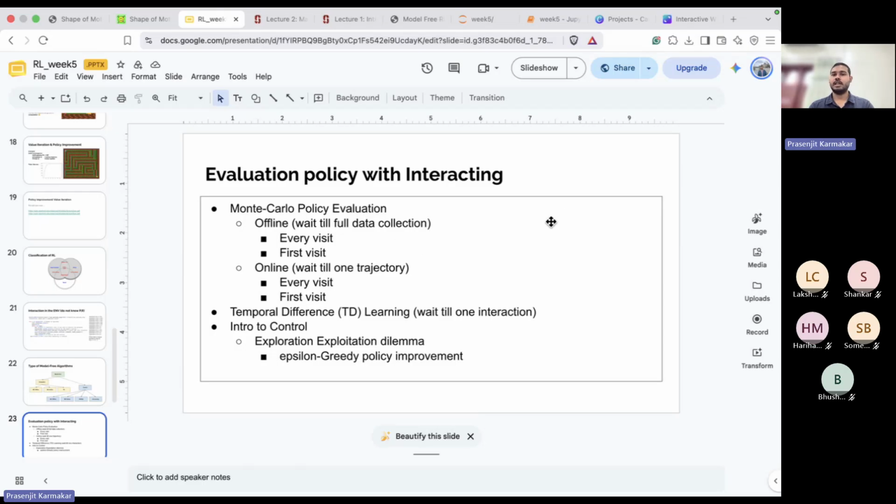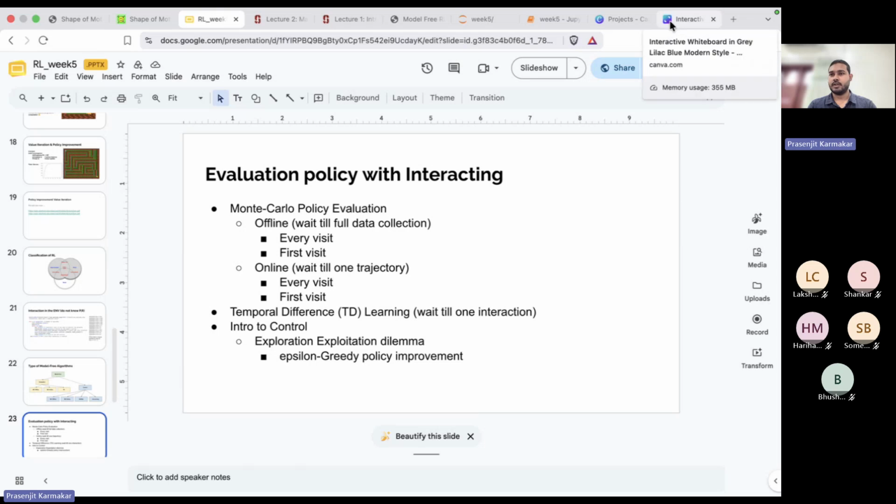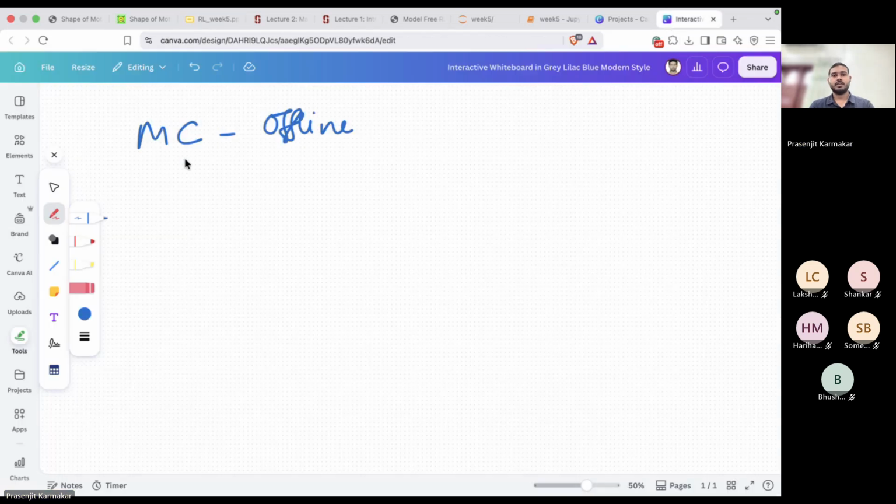Offline means you collect data for a huge amount of time with some given policy. So, Monte Carlo offline.